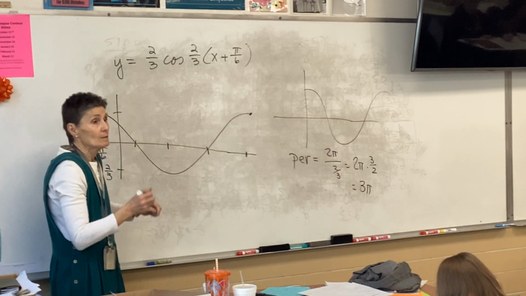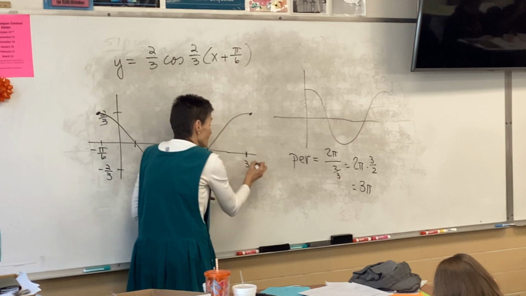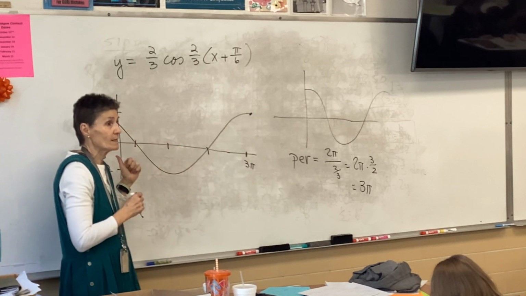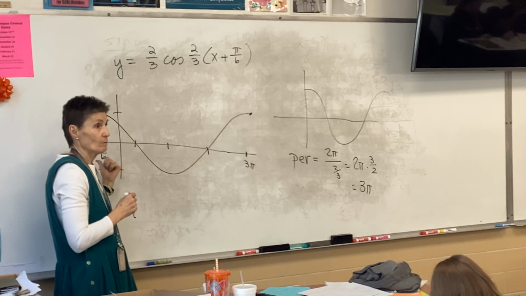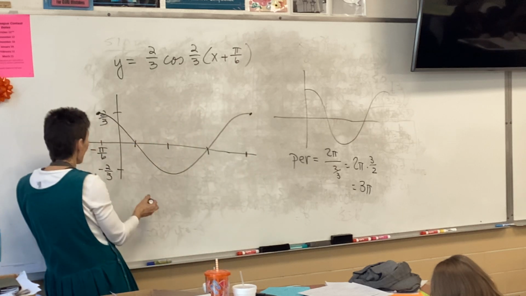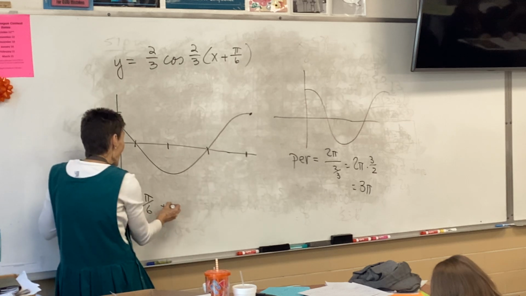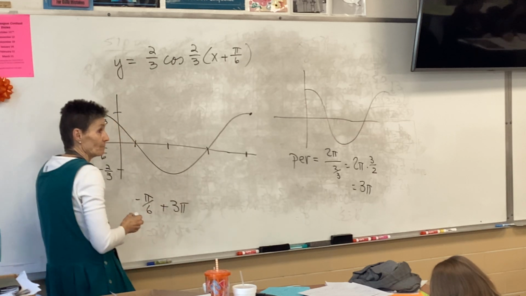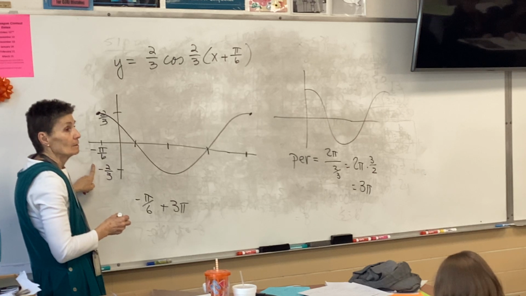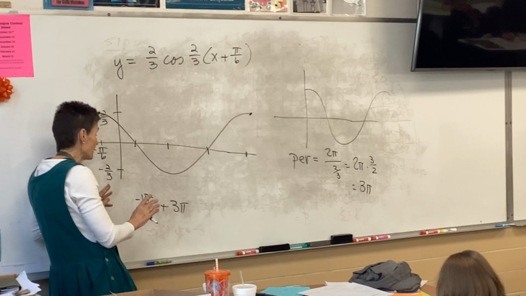Now, do not label this 3 pi. That would be 3 pi if I started at 0, but I didn't. I started at negative pi over 6, and I'm adding on 3 pi. So negative 1/6, remember you can forget the pi's if you need to.